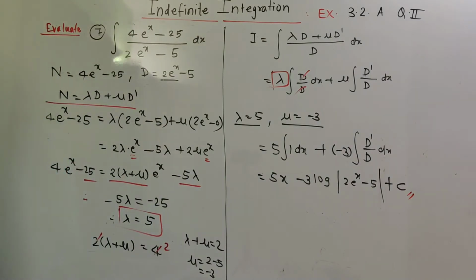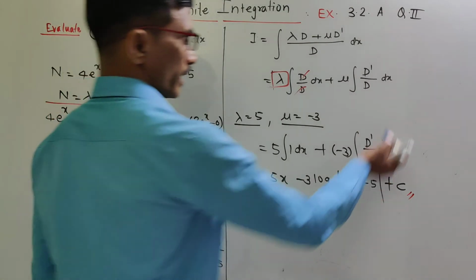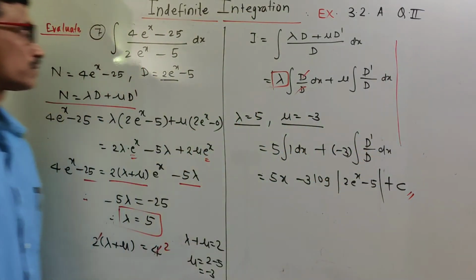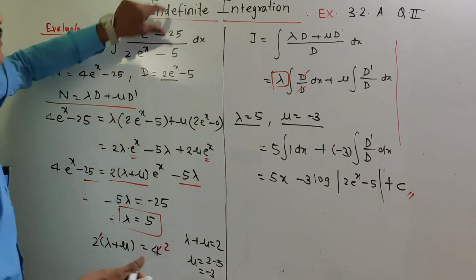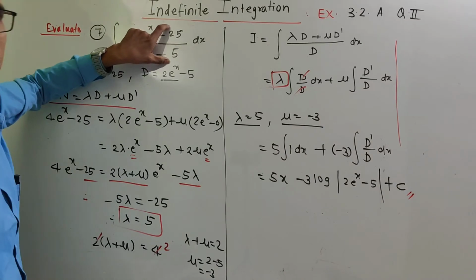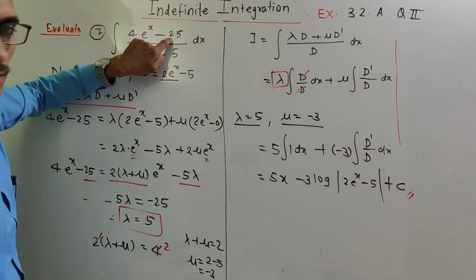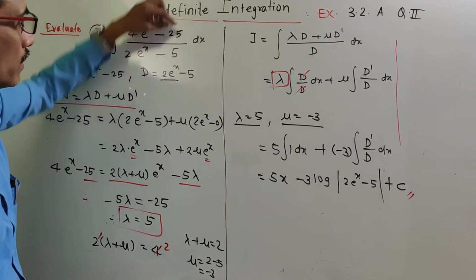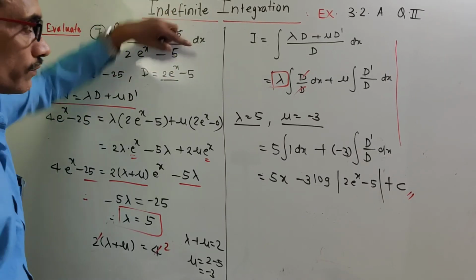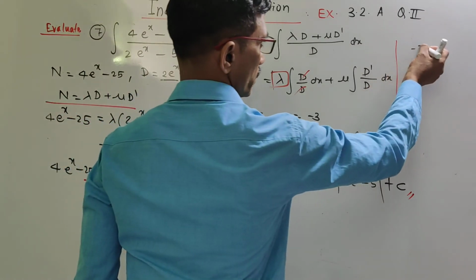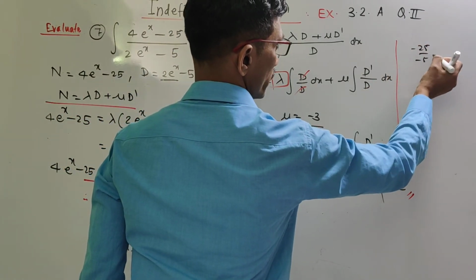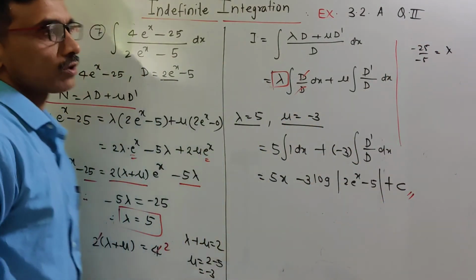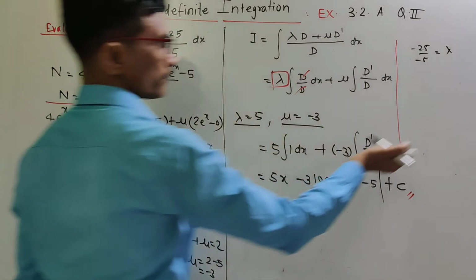You can get lambda and mu by a shortcut. How? Simply, with the form a, b, c and d, lambda you can get by dividing the ratio of the constants, minus 25 and minus 5, so lambda is b upon d.